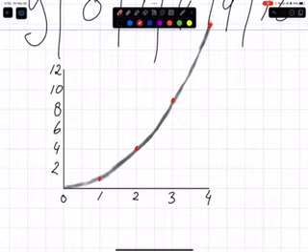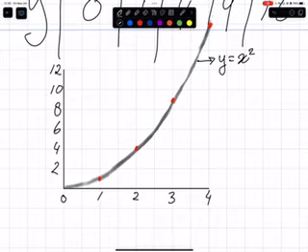All right, time to draw the tangent. The tangent only has to touch the function y equals x squared only at x equals 2.